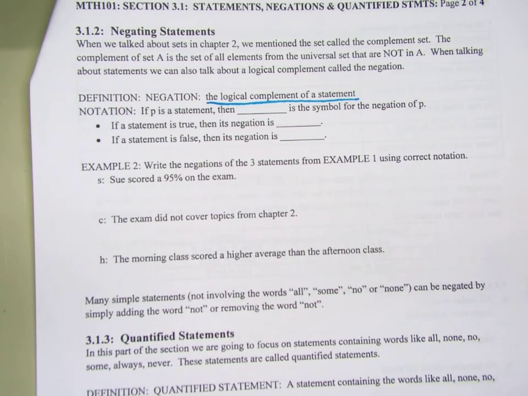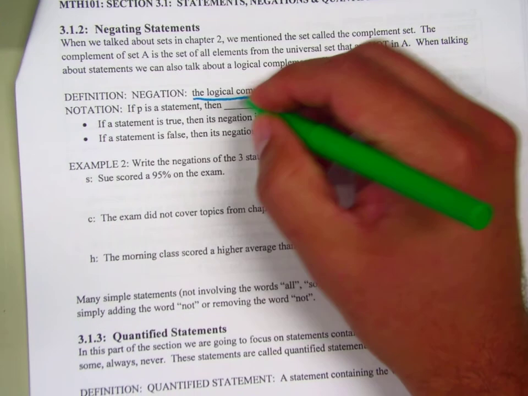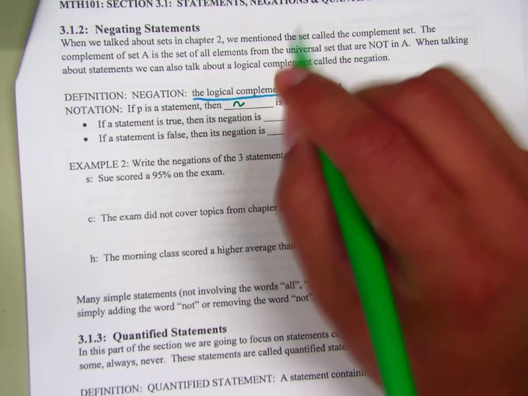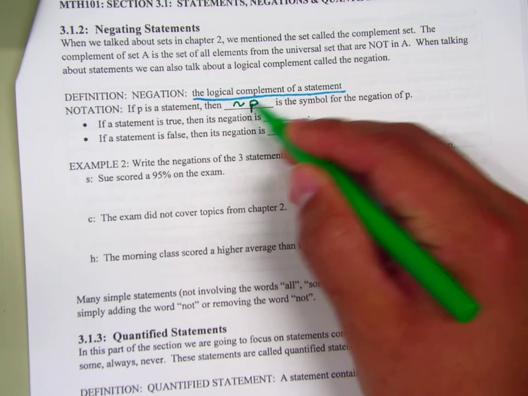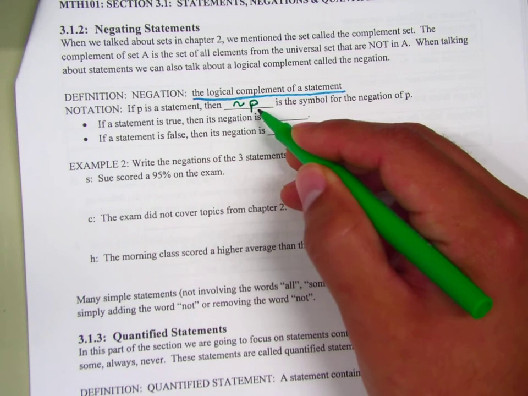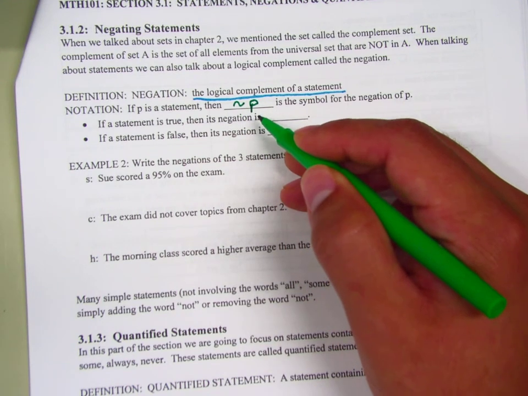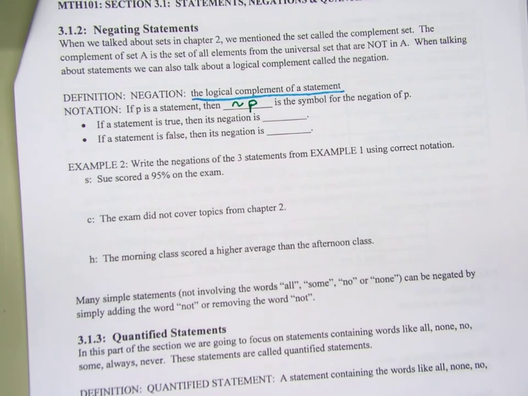If P represents the statement, here's a new symbol for us. I think that's called a tilde. When you see that symbol in front of a letter, that means negation of a statement. And a good way to think about negation is that it's really the opposite of what the statement is saying.